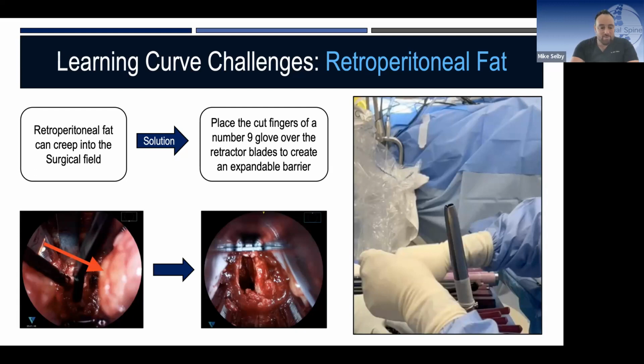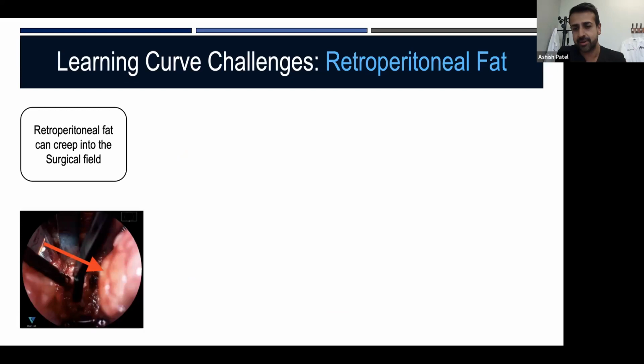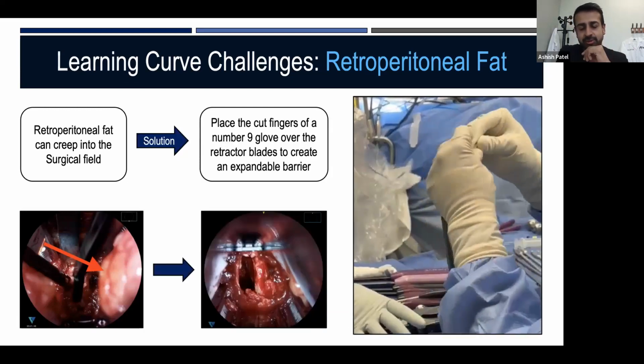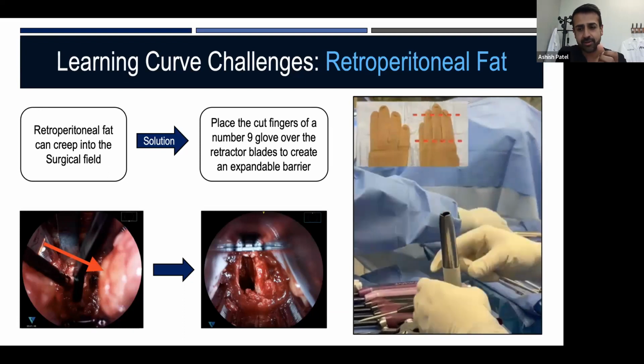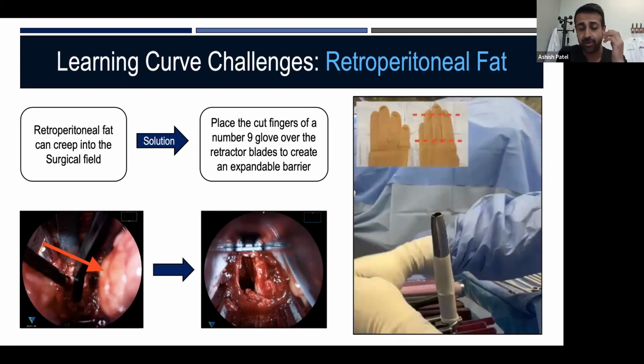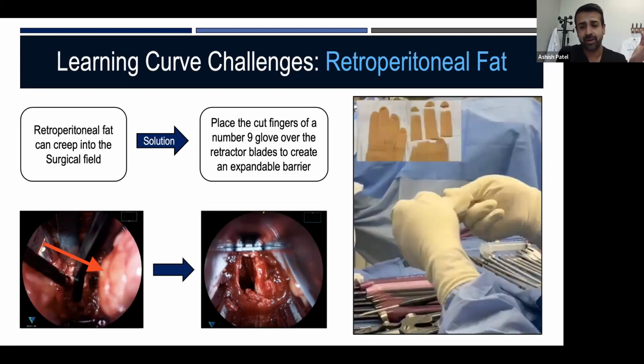It's funny that you said that, because I've suggested a number 9 glove here, and that's at one hospital because it's got the perfect amount of elasticity where as you insert the retractor, it doesn't bunch up to the end of the retractor, and then you don't lose that barrier that you really wanted.